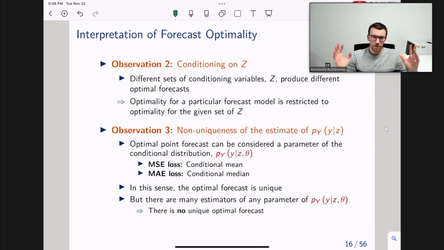And it can be just so many variants. Then when we are talking about forecast optimality, we can only talk about optimality for a particular forecast, for a particular set of z's, the data.